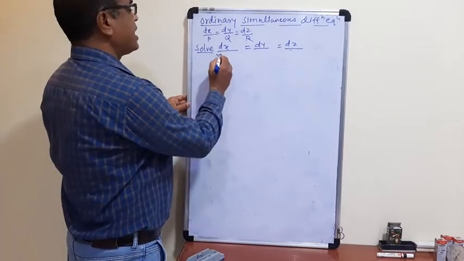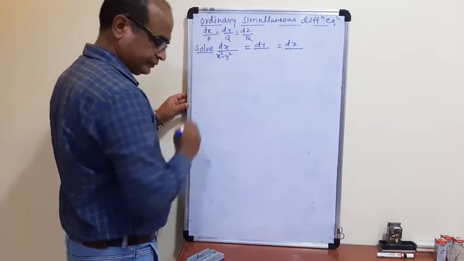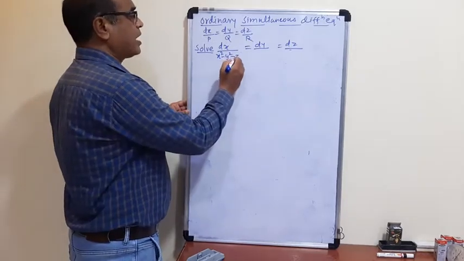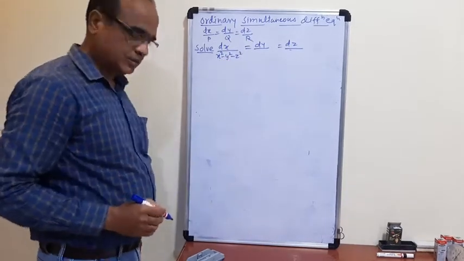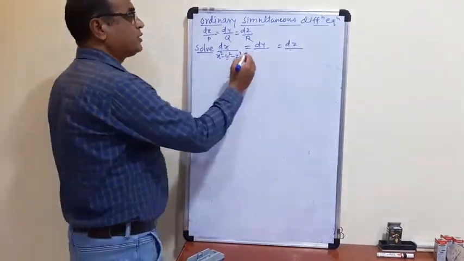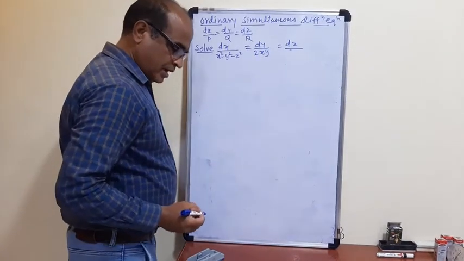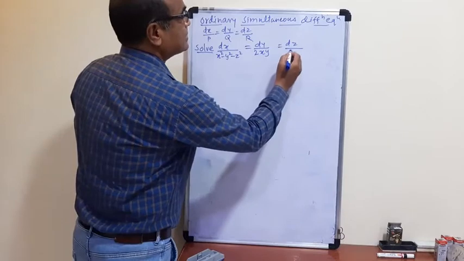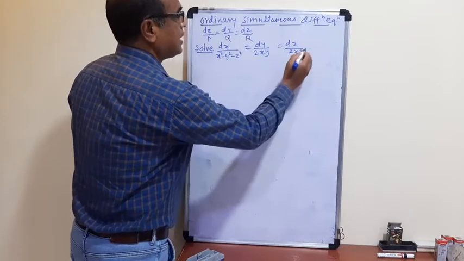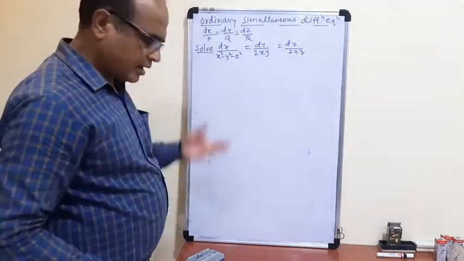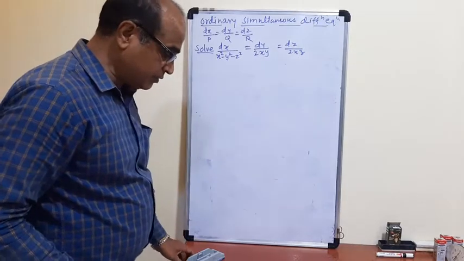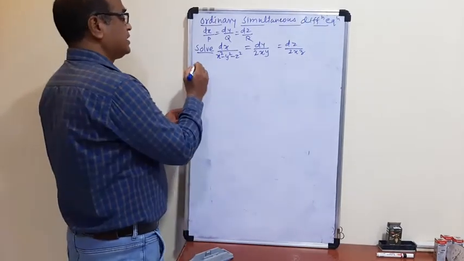dx upon x square minus y square minus z square, then dy upon 2xy, then dz upon 2xz. Okay. So this is an ordinary simultaneous differential equation. Okay, how to solve this differential equation?